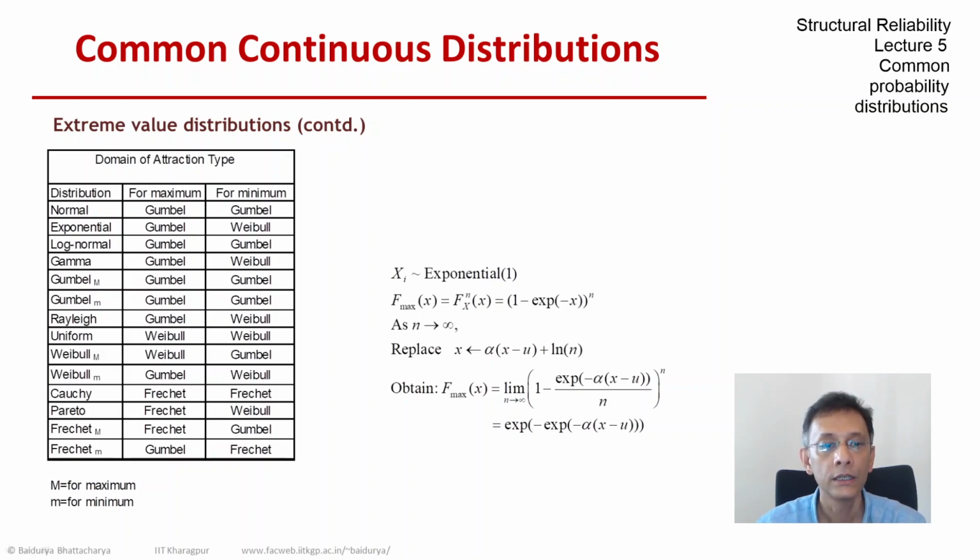So that's how we rescale. And if we now plug it in, the asymptotic distribution of the maximum becomes the double exponential form, which we identify to be the Gumbel distribution. So this is one application of what we said in the previous slide.